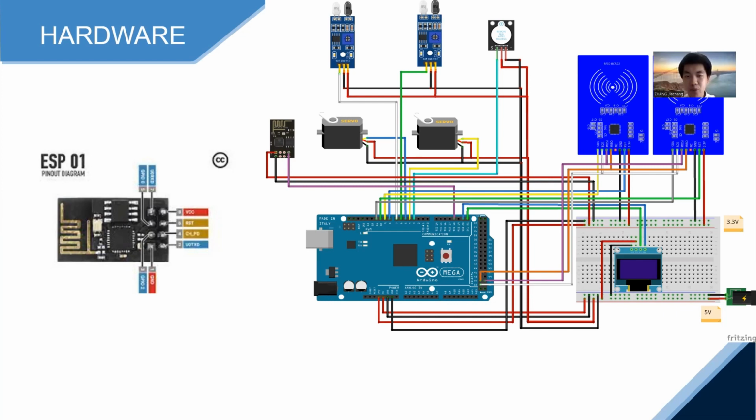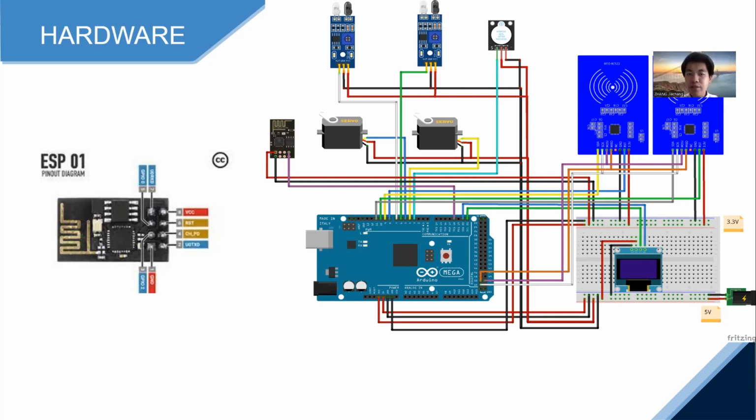Beside the red and black lines, we have some other colored lines, which mean the signal received or sent. There are some digital pins on the Arduino that just read the data, or just send out the instruction.